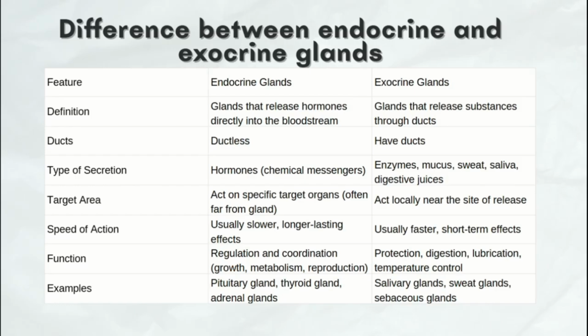Exocrine glands release their substances through ducts. So that's one of the major differences: one is ductless and one has ducts. The chemical messengers of the endocrine glands. Then we have the exocrine glands, talking about enzymes, mucus, sweat, saliva, digestive juices.